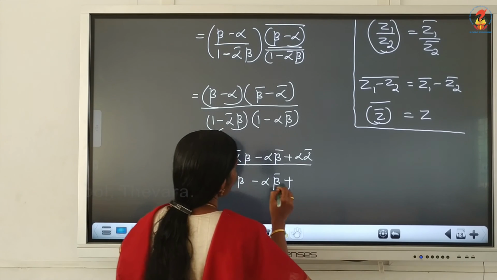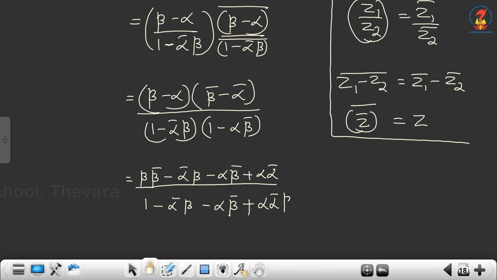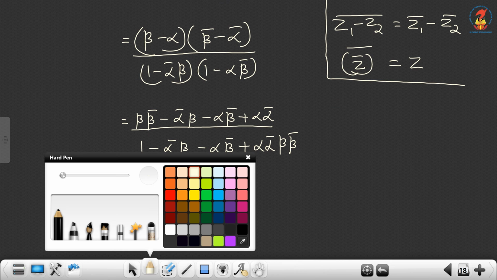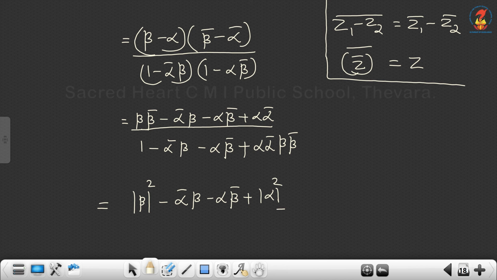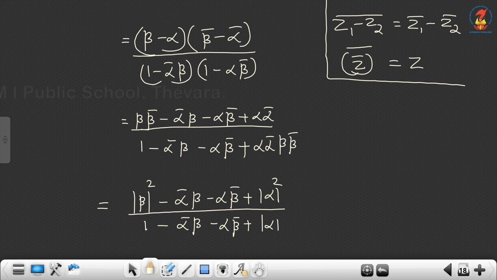Now the next is plus alpha alpha bar into beta beta bar. Now what is alpha alpha bar and beta beta bar? Z Z bar is equal to mod Z square. So mod beta square minus alpha bar beta minus alpha beta bar plus mod alpha square by 1 minus alpha bar beta minus alpha beta bar plus mod alpha square into mod beta square.